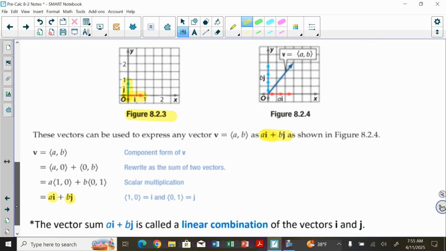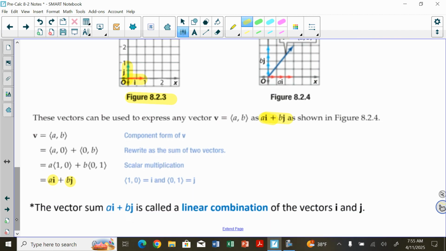That's the proof, and you'll use that later. When we talk about a linear combination of vectors i and j, that sum, ai plus bj, is the linear combination, okay?